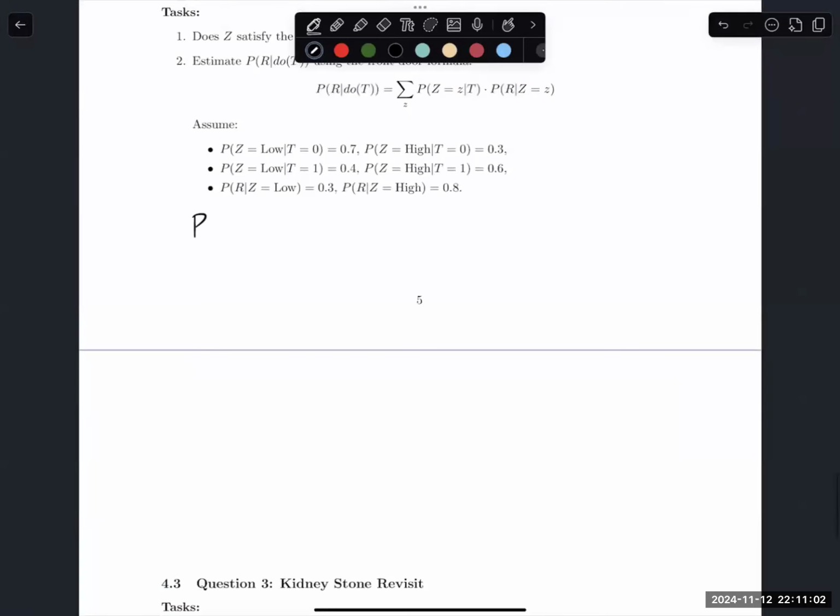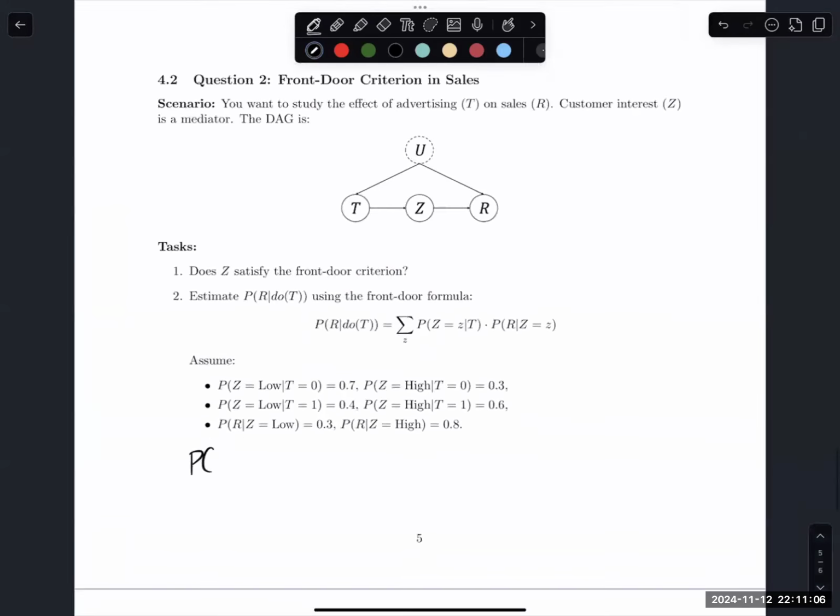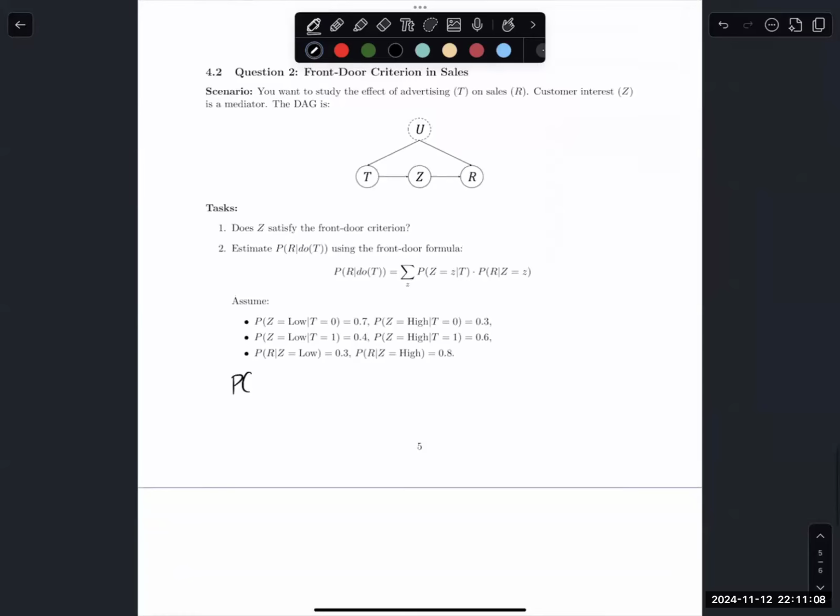Firstly, we need to calculate the sales when we do not give the advertising.